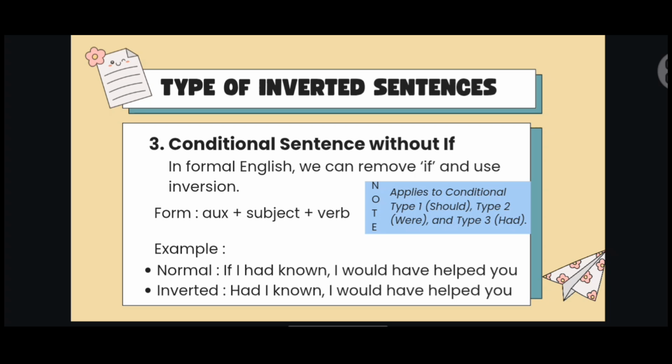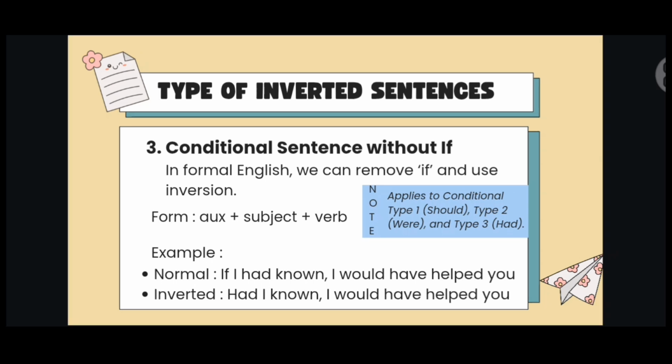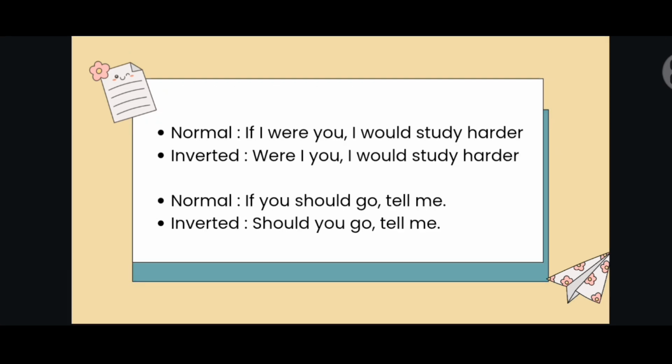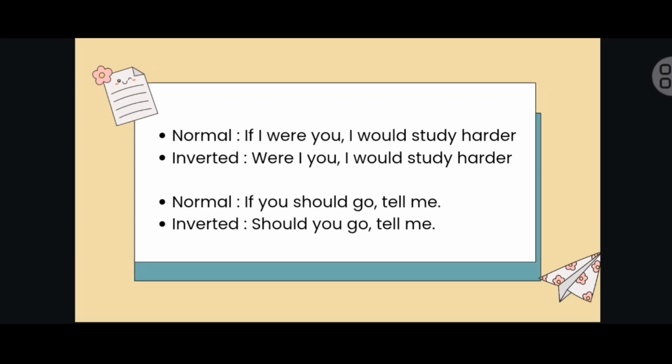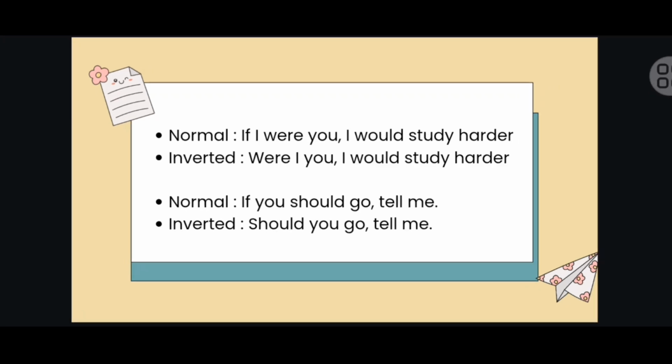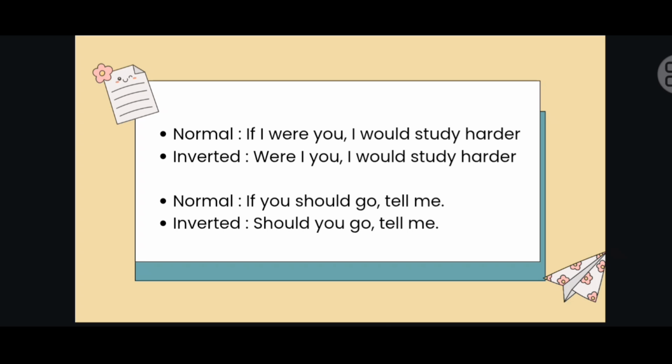For example, in normal sentences, if I had known, I would have helped you. But in inverted sentences it becomes: had I known, I would have helped you. Take a look at another example. Normal sentence: if I were you, I would study harder. In inverted sentences it becomes: were I you, I would study harder.